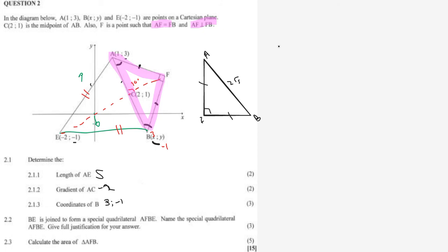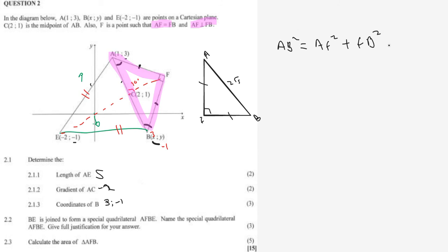Pythagoras states that AB, which is the hypotenuse, squared, is equal to AF squared plus FB squared.